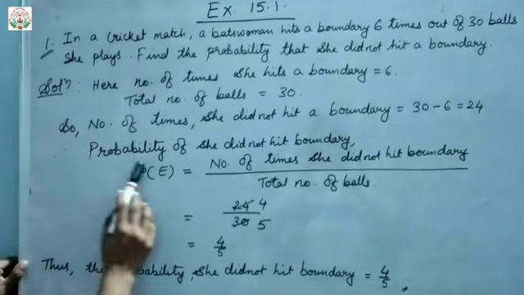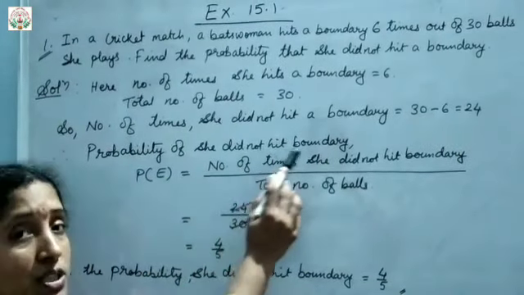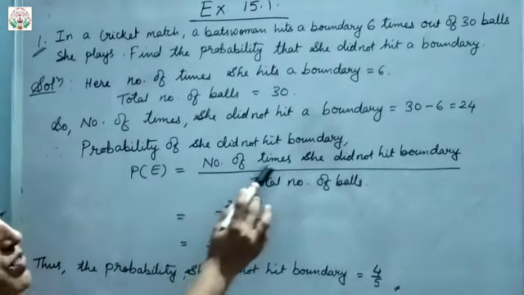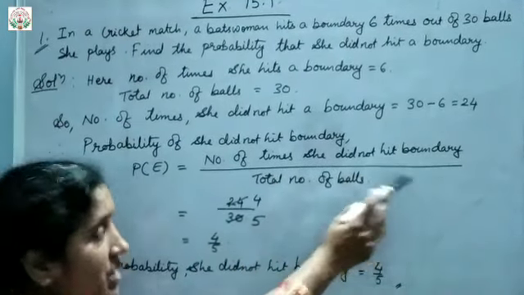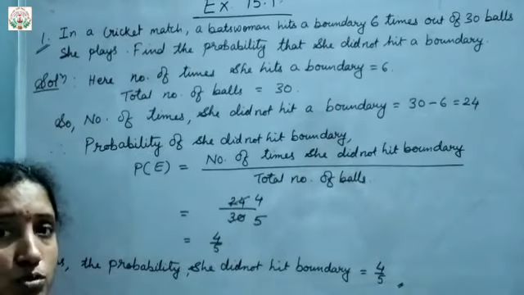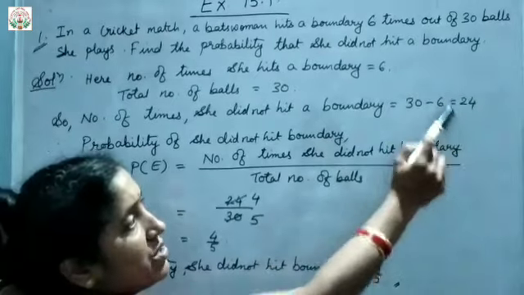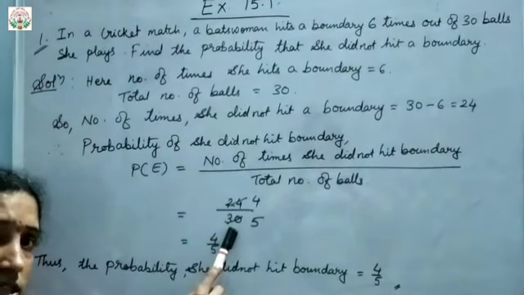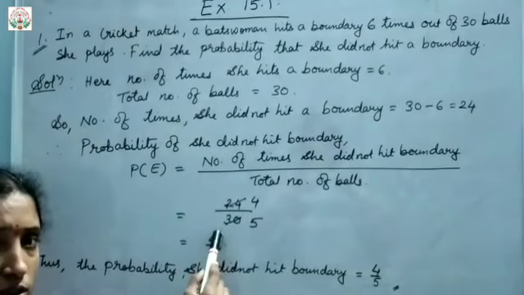Now the probability that she did not hit the boundary will be P of E equals number of times she did not hit the boundary upon total number of balls. We have found that it is 24, so 24 upon total number of balls, 30.